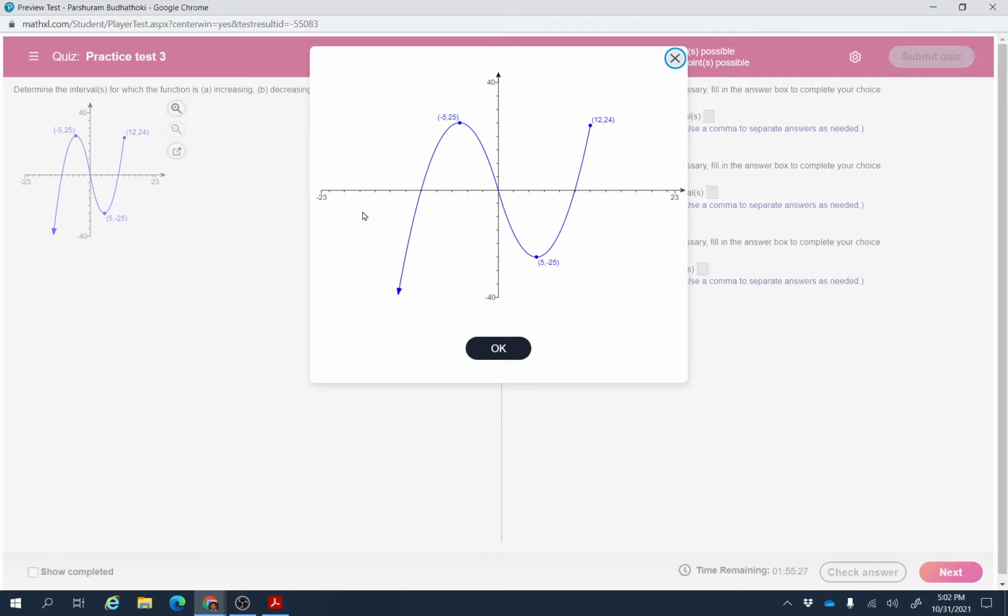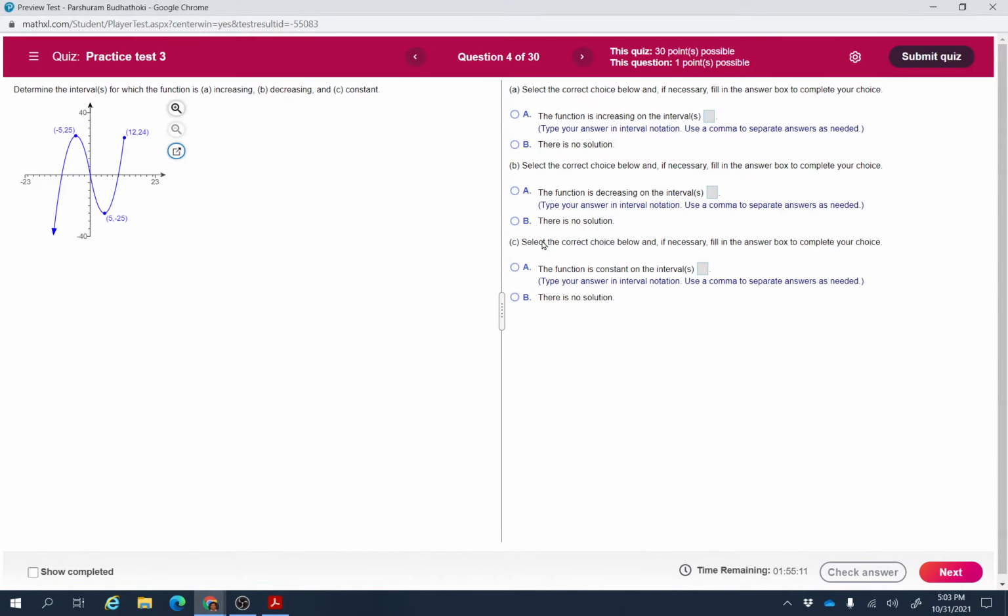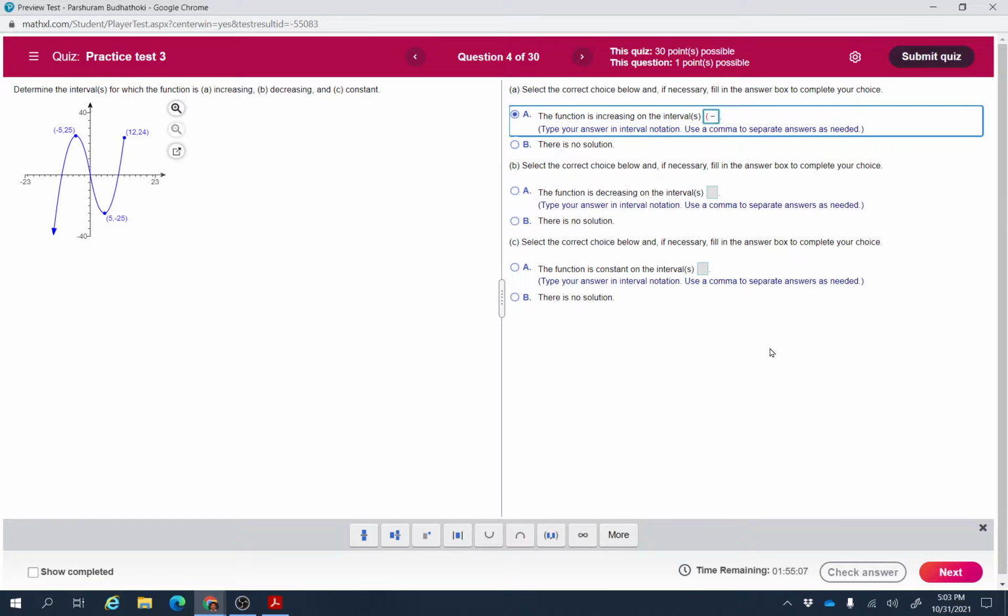So here you can see that the function is increasing from negative infinity to negative 5 and from positive 5 to positive 12, and the function is decreasing from negative 5 to positive 5, and there is nowhere where the function is constant. Type your answer in interval notation.